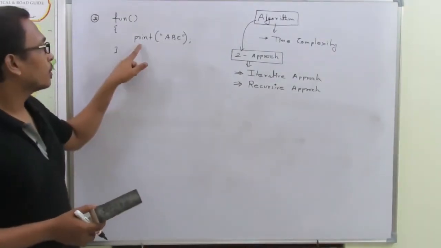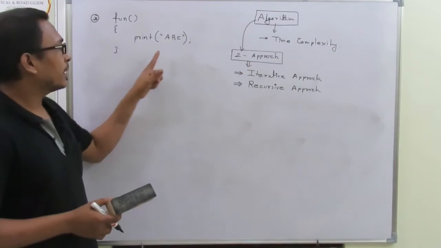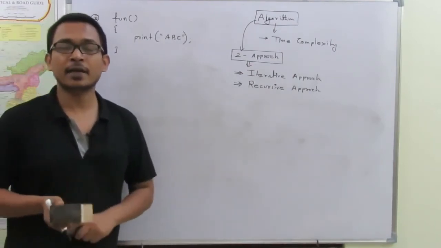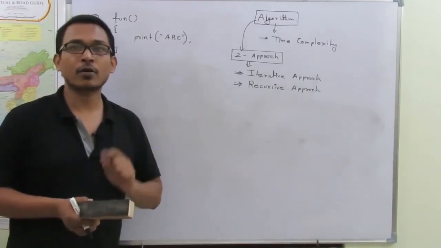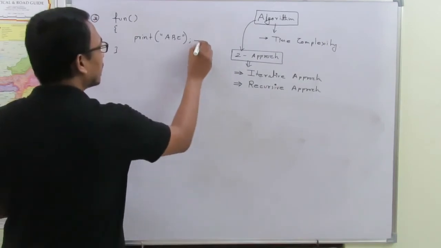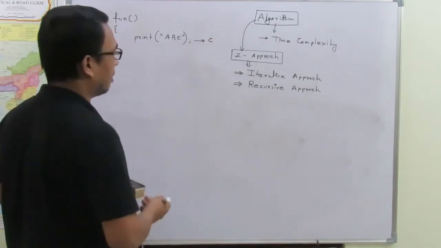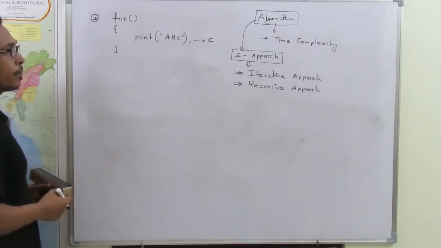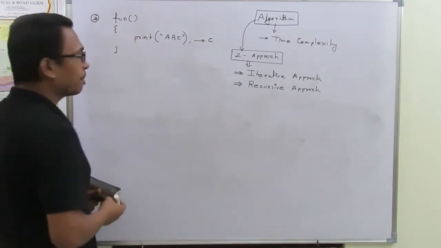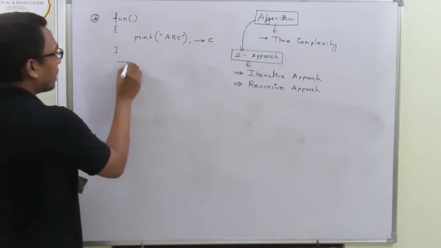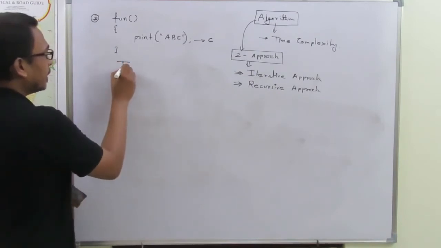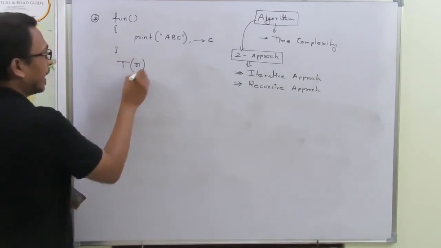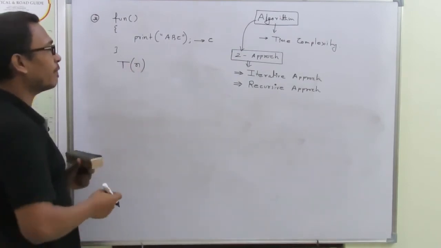So what will be the time taken by this statement? The time taken by this statement is only a constant time. That means this will take a constant time. So how to find the time complexity of such a problem or such an algorithm? We will represent time complexity by using a function called T(n), where n is our number of inputs.